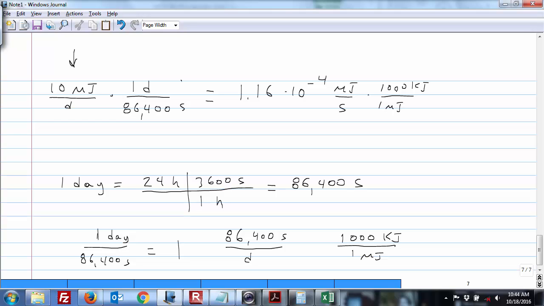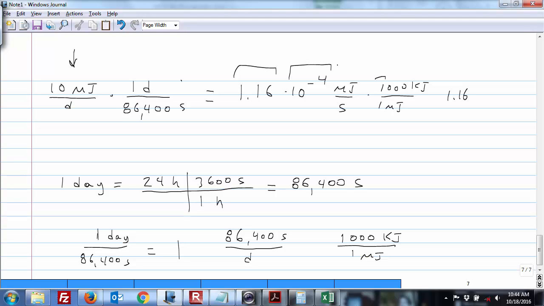Sorry about that. Now we can put all of our problem-solving skills to work here. This is your arithmetic, right there. So 1.16 times 1 is 1.16.